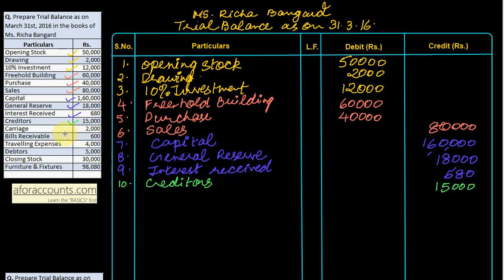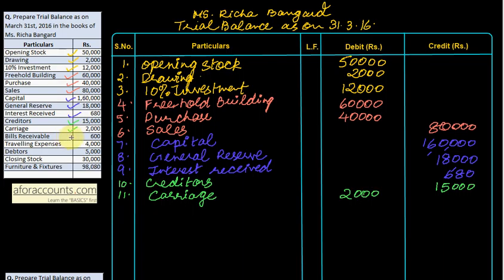Carriage, your expense, debit balance, carriage 2,000 to your debit. Bills receivable. Bills receivable is my asset, and bills payable is my liability. So asset will have a debit balance.